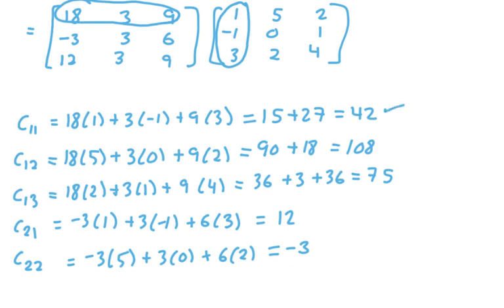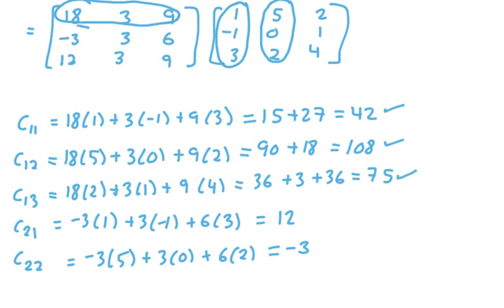That's 42. Then I'm going to find C12, the entry in the first row, second column. That's 18 times 5 plus 3 times 0 plus 9 times 2, and that's 108. C13 is 18 times 2 plus 3 times 1 plus 9 times 4. And I got 75.